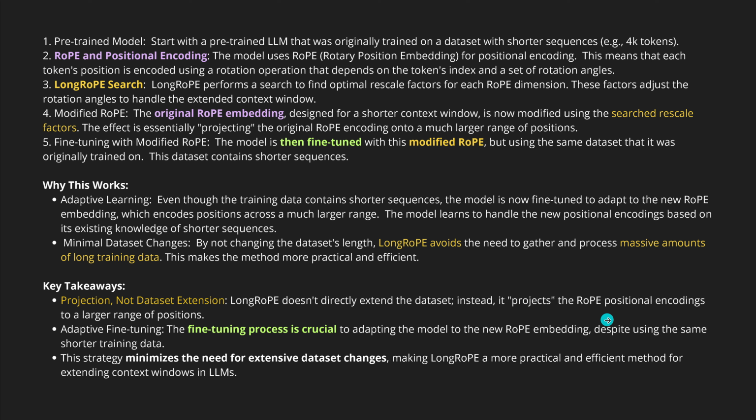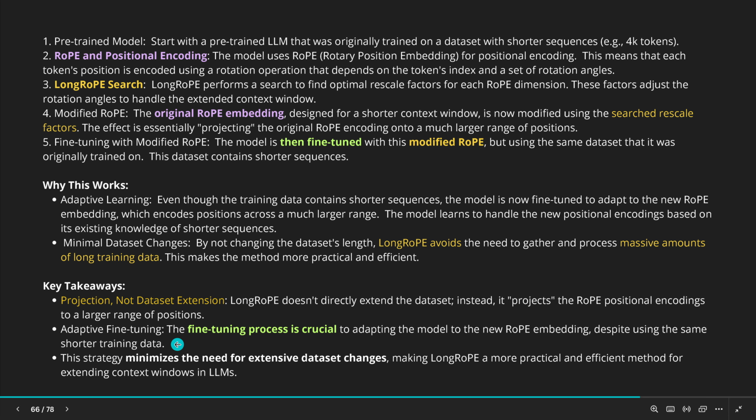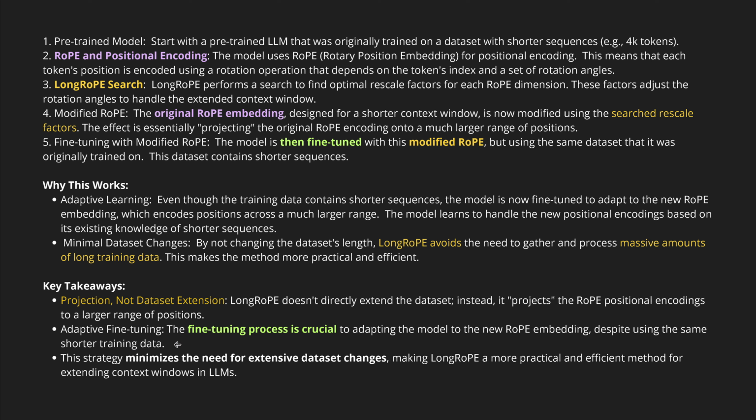But when they say, despite using the same shorter training data, I personally would like to see a further improvement in the system performance and not go with the short training data, although I understand it makes it cheaper for Microsoft to invest less in the research. I get it. It's an optimization problem, how you maximize your profit.